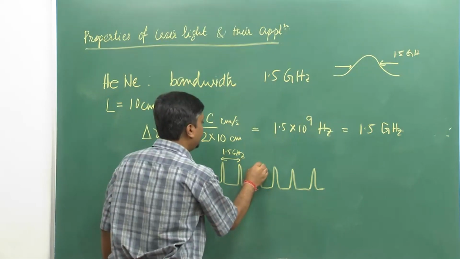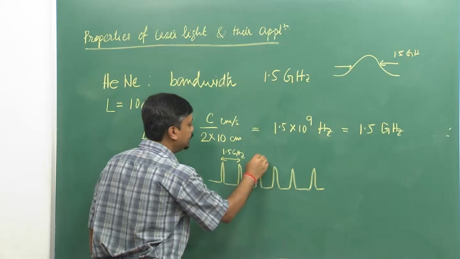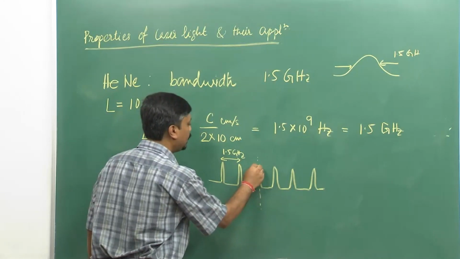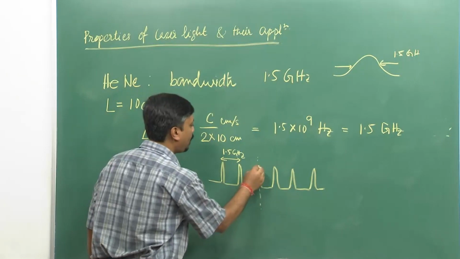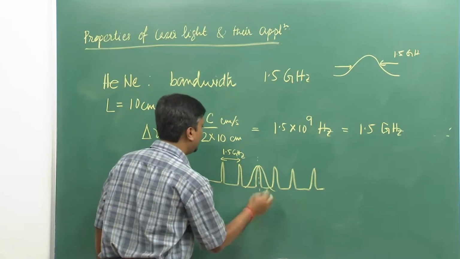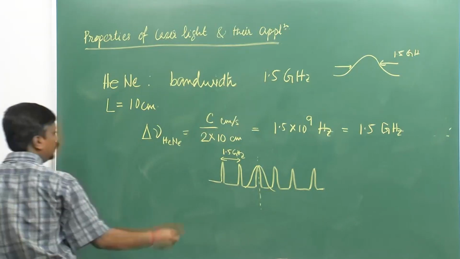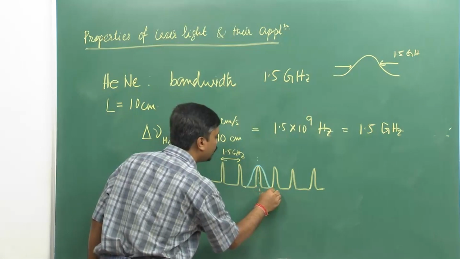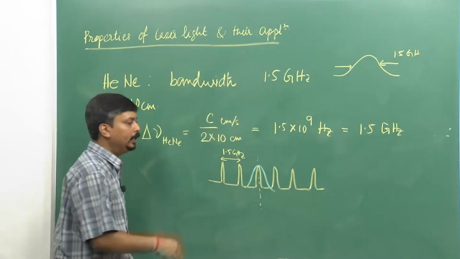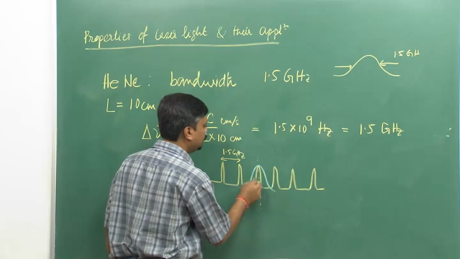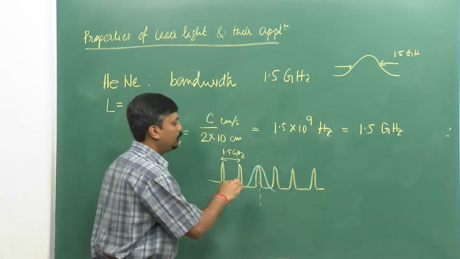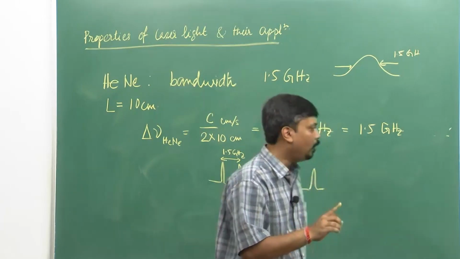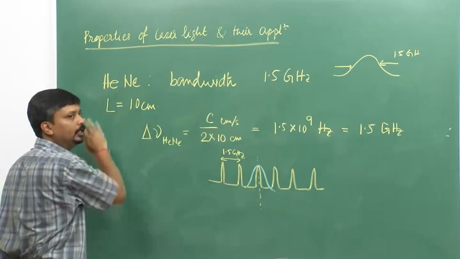So if this one is the central wavelength of Heine laser, then this is essentially the bandwidth. Let me reiterate this: you can easily understand that per bandwidth in Heine laser, there is only one mode for this given configuration.